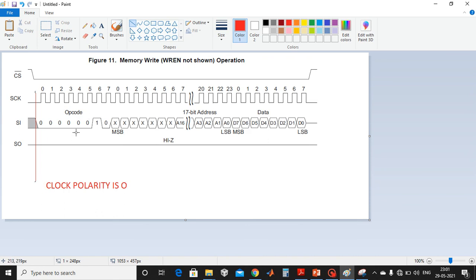Let's go to where a 0 to 1 transition is there. Okay, here a 0 to 1 transition is here. So you can see that the data is updating on the falling edge. That means master is updating its data on the falling edge, and clock phase is 1.